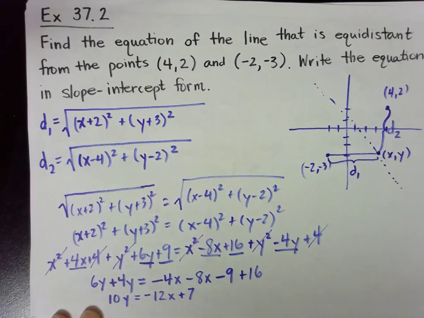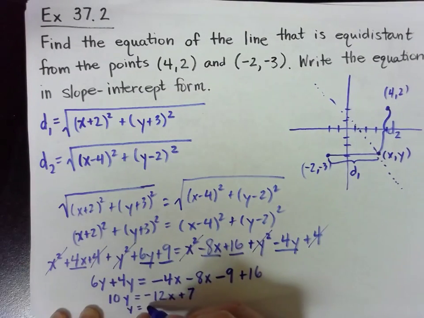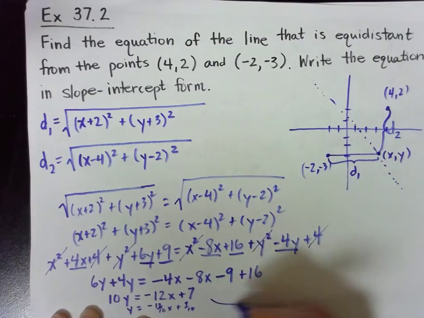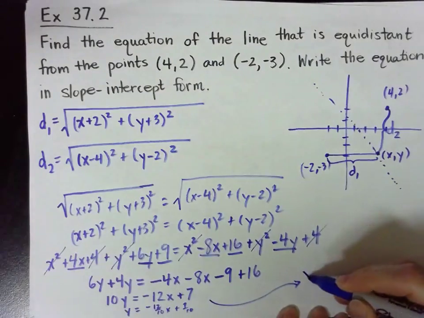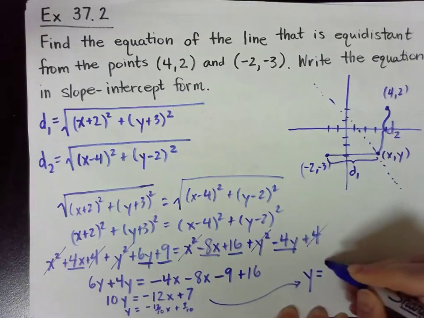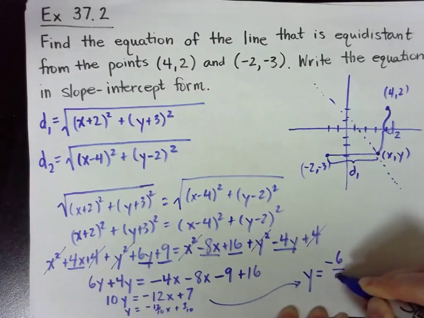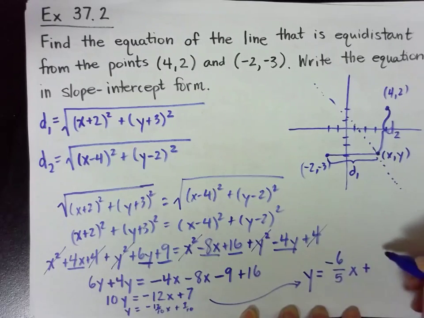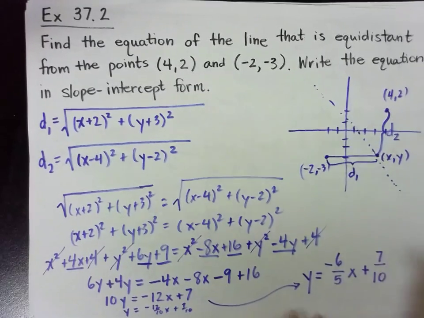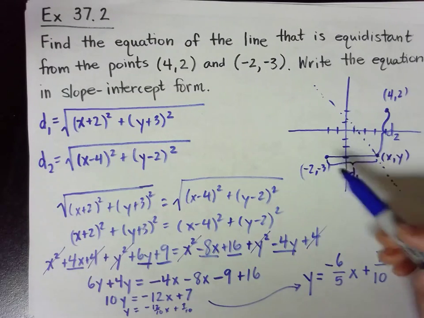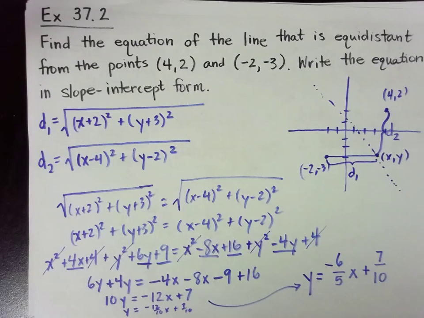And then if we divide both sides by 10, we will get y equals negative 12 tenths x plus 7 tenths, or if we reduce that fraction, y is negative 6/5 x plus 7 tenths. Okay, so that should be the equation that's equidistant from the given points in slope-intercept form.